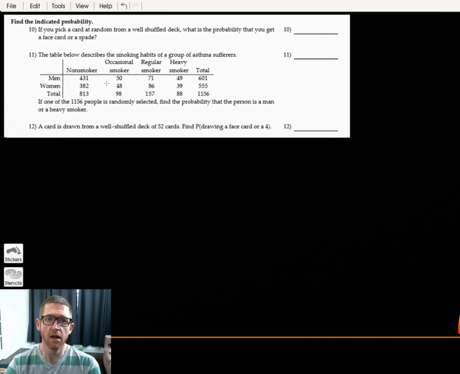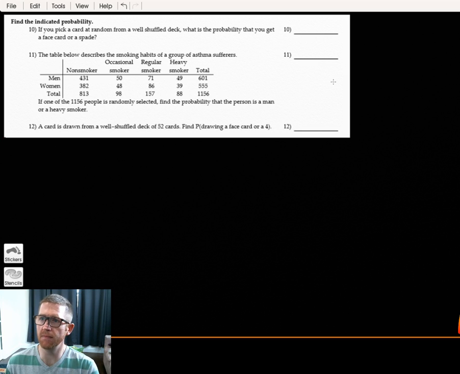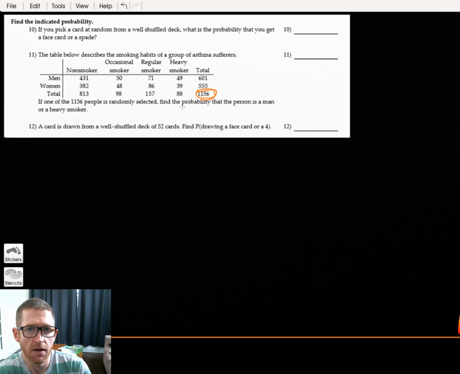Number 11, you're given all the probabilities in table form. If one of the 1,156 people is randomly selected, find the probability that the person is a man or a heavy smoker. We know the total is 1,156.